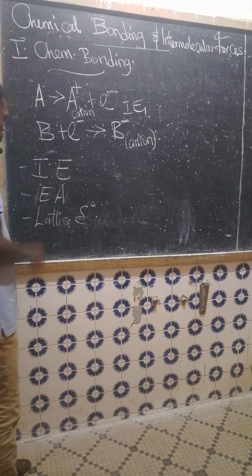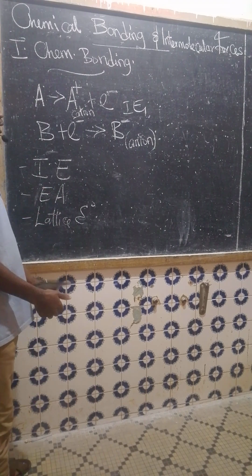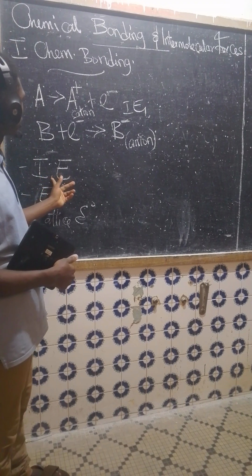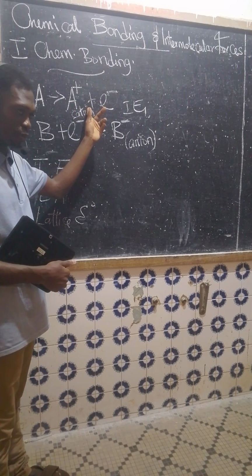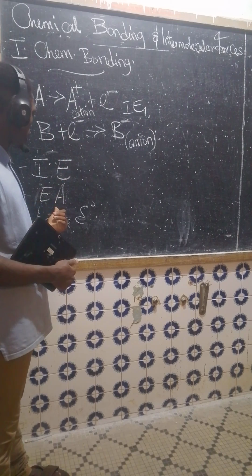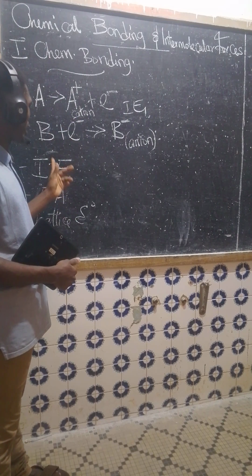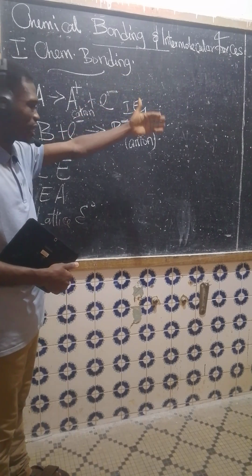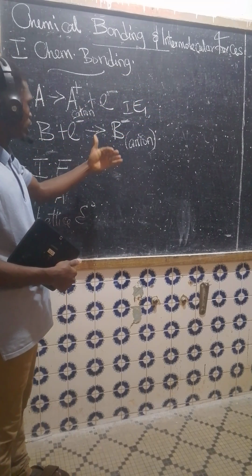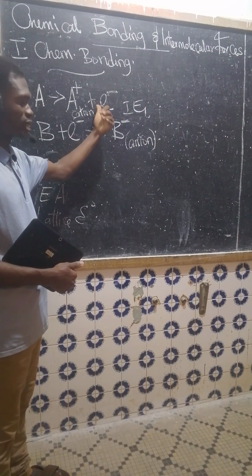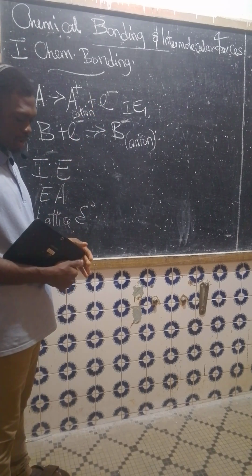So you see that ionization energy is one of the factors that affect the formation of ionic bond. How does it affect it? The greater the ionization energy, the lower the tendency for the formation of ionic bond.